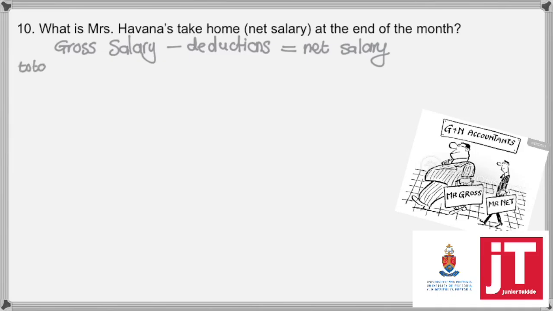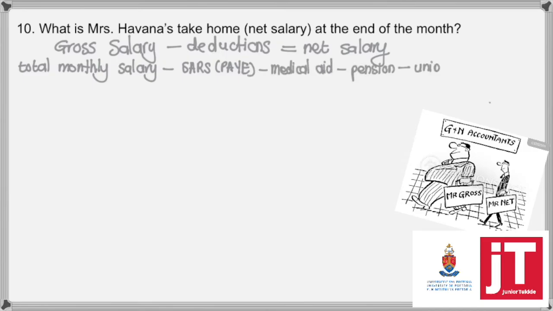In Mrs. Havana's case, she has a total monthly salary. She has to pay her taxes, so SARS. She pays her medical aid. She pays pension. She pays union fees, and she also pays UIF. So we have to deduct all of those payments from her salary because the business has to pay these institutions on behalf of Mrs.